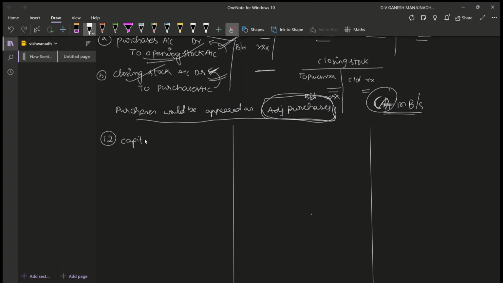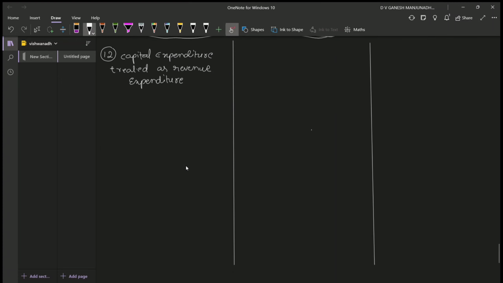Capital expenditure treated as revenue expenditure. We have discussed this in rectification of errors, right? You remember. Capital expenditure treated as revenue expenditure.